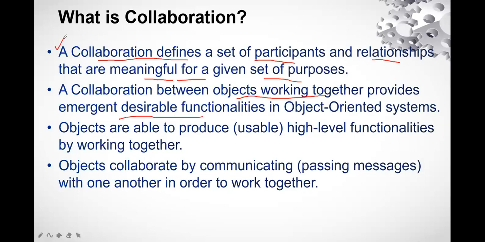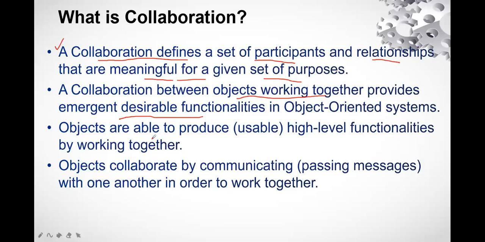But when we talk about collaboration in an object-oriented system, all the objects and classes are defined, and they come together and emerge their functionalities among themselves. If there are two objects, there should be an interaction, a communication between them, and their functionalities will be defined with the help of this interaction. That means passing messages and defining the relationship between the two objects.